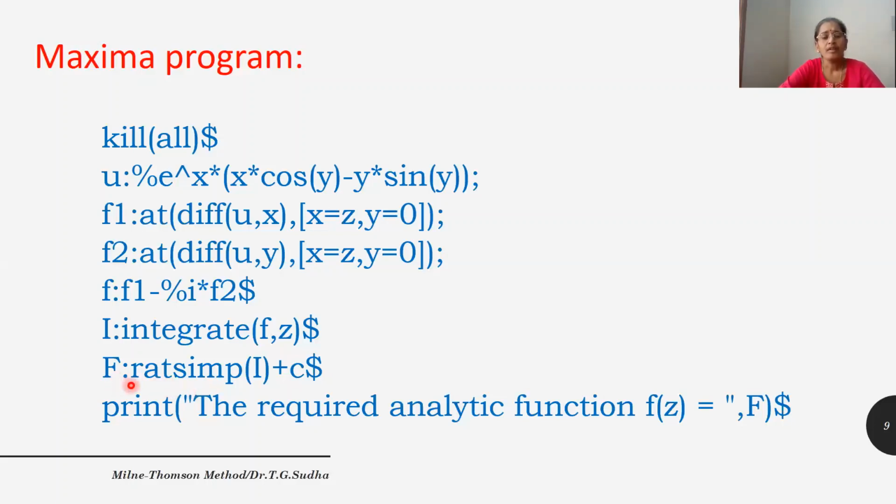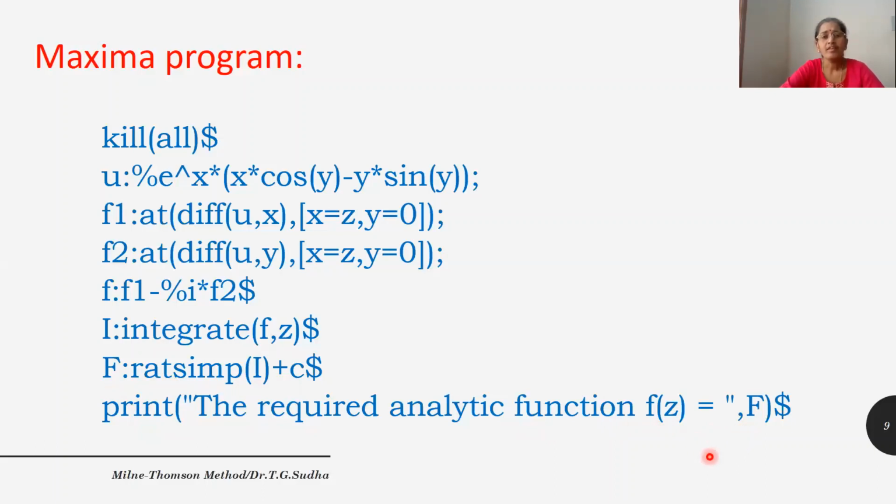So f colon RADSIM of I, that is the previous output, plus c, the constant of integration. So now f is the required analytic function. Therefore, let us give the print command. The required analytic function f of z is equal to f.